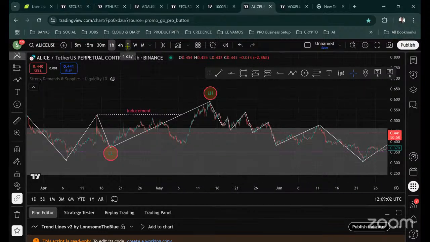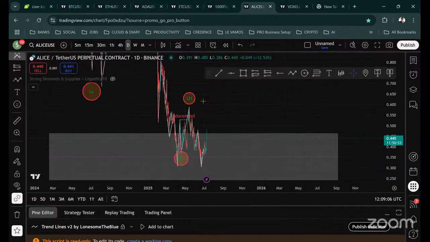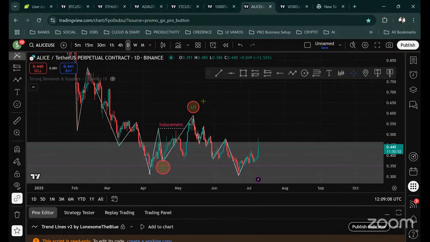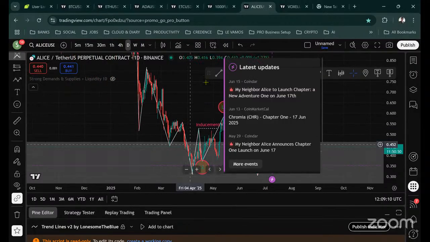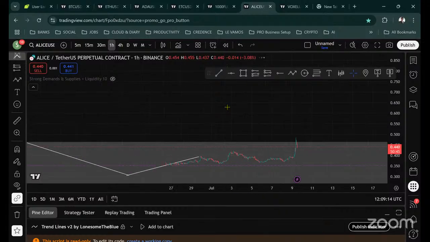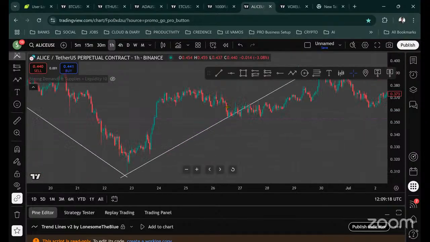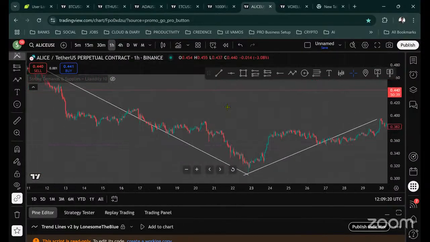Because I started with the higher time frame, I marked it, and once it came down, then I switched to 1 hour, and I identified the lowest point.